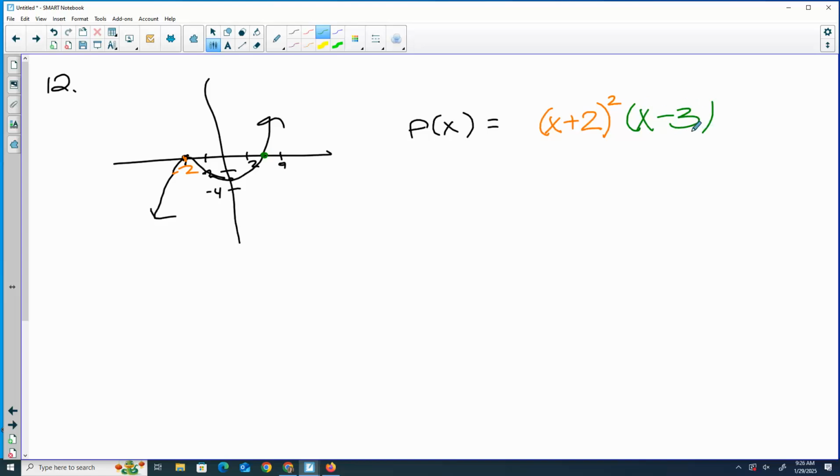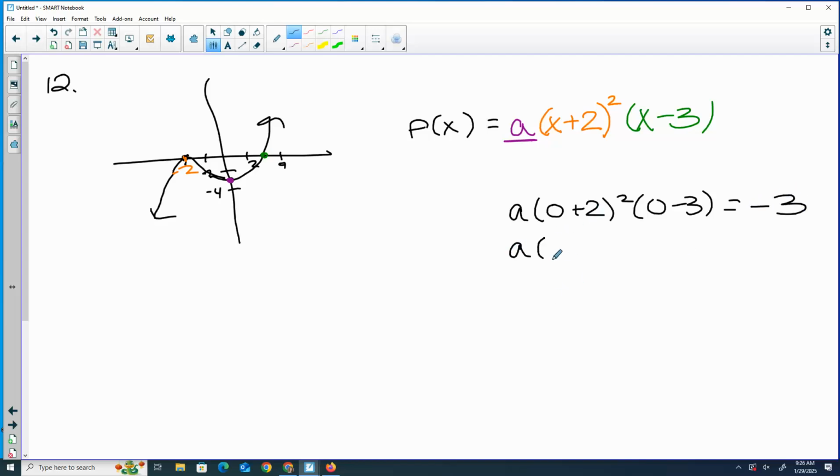Okay. The only other thing we have is the y-intercept. And we've talked about the only thing that we could do is add a number out in front. So the y-intercept is saying if x is 0, so if I put in 0 for all my x's, this whole thing has to equal what y value?